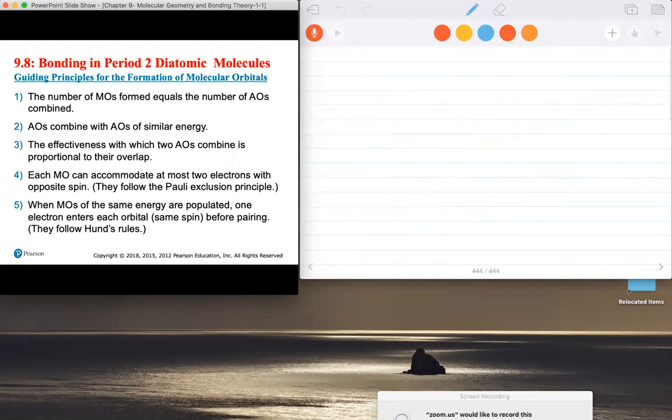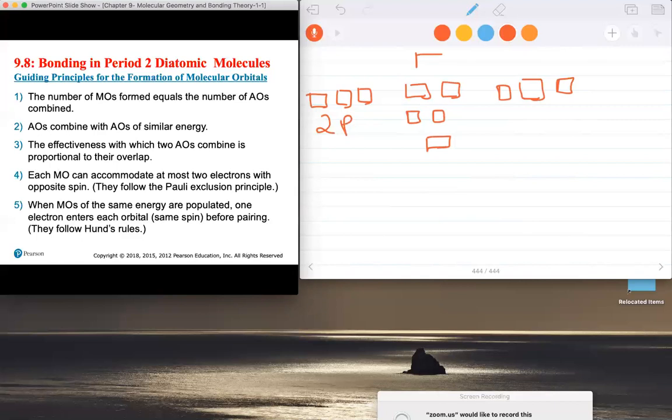What that means is if I have the 2p here, 2p like that, and 2p on this side, I should end up with 6 molecular orbitals, 2 there, 2 there, 2 there, 2 there, and then 1 at the top. That's how you combine the atomic orbitals.